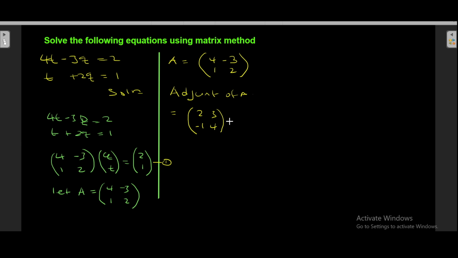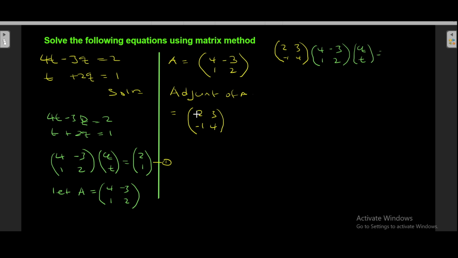After getting my adjoint, I'm going to multiply this adjoint on both sides of equation 1. Therefore, I'll end up having something which looks like this. I'll have the adjoint, which is 2, 3, negative 1 and 4, then my expression, which was 4, negative 3, 1 and 2, then my unknowns q and t, equals 2.